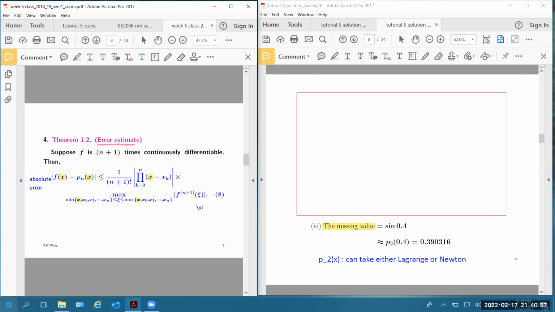Another thing I want to point out is that you see all the x I highlight, right? This x, this x also, here the x, here the x. What's the meaning? Why do I highlight that? Class, any meaning?